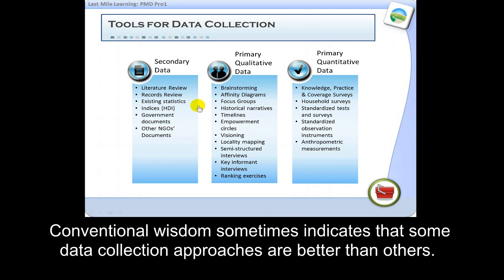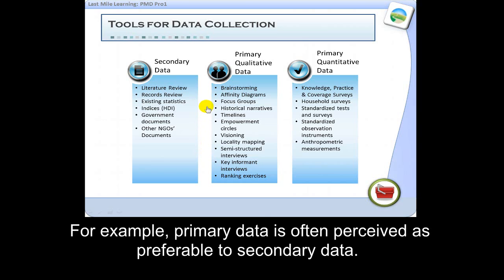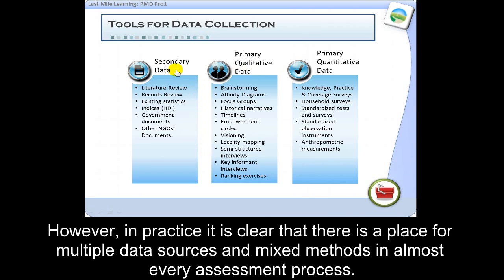Conventional wisdom may sometimes indicate that some data collection approaches are better than others. For example, primary data is often perceived as preferable to secondary data. However, in practice, it's clear that there is a place for multiple data sources and mixed methods in almost every data assessment process.